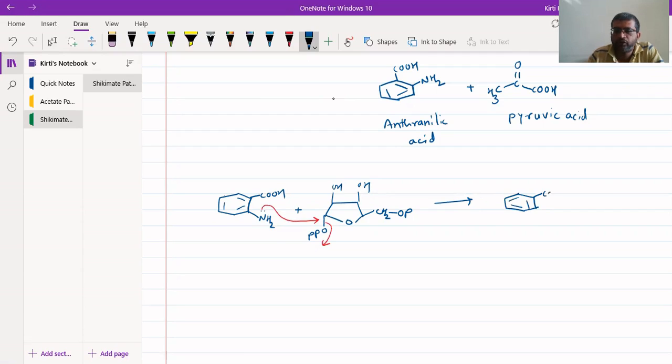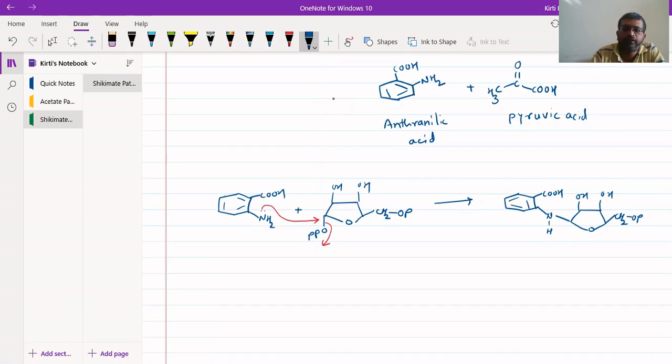Along with it, COOH retains its position. Now we have NH, then this five-membered ring of ribose with a CH2 phosphate group. Hydroxyl groups on second and third carbons remain as they are.